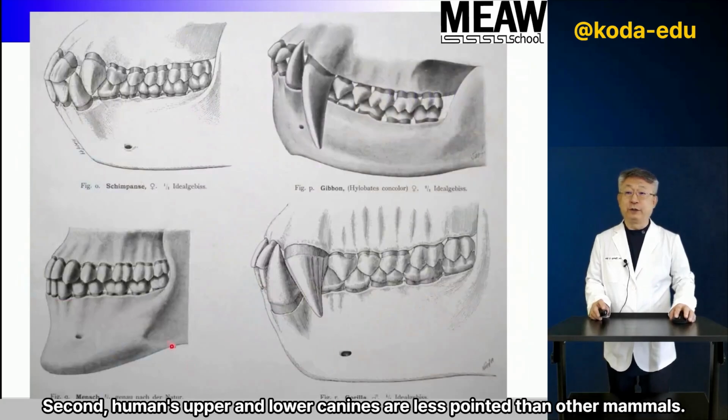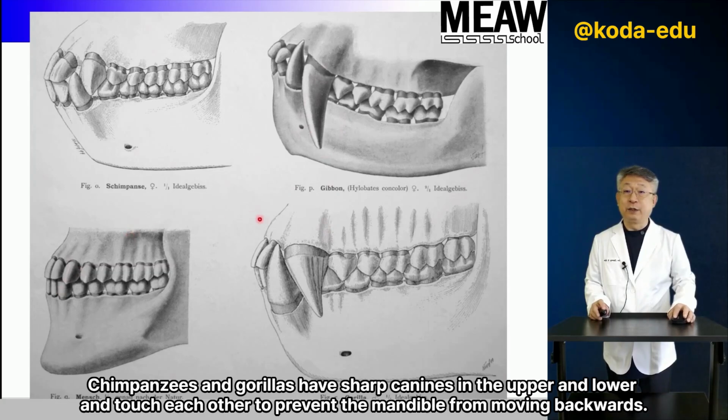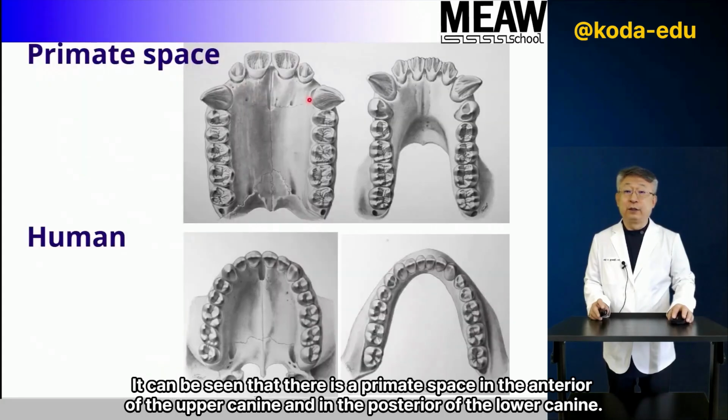Second, humans' upper and lower canines are less pointed than other mammals. Chimpanzees and gorillas have sharp canines in the upper and lower and touch each other to prevent the mandible from moving backwards. It can be seen that there is a primate space in the anterior of the upper canine and in the posterior of the lower canine.